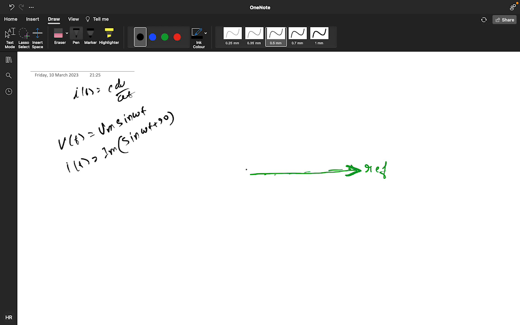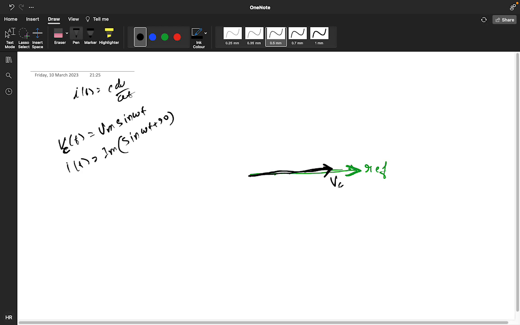So suppose you want to draw a Vm. Vm will be the reference, it will be here at 0 degrees. This belongs to the capacitor voltage.